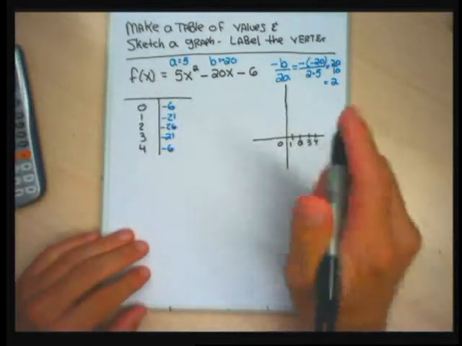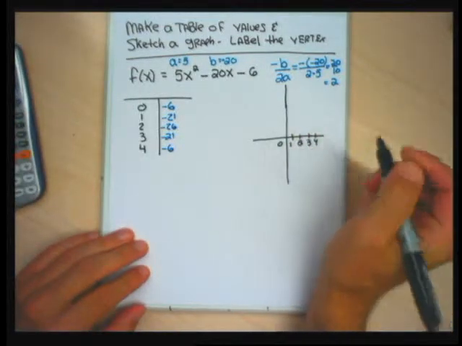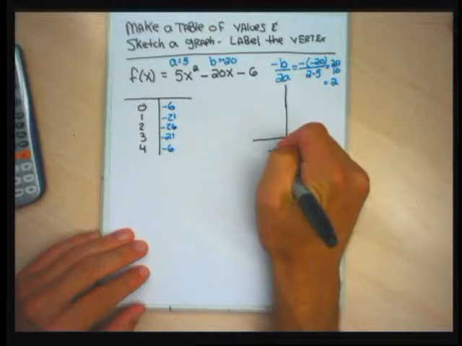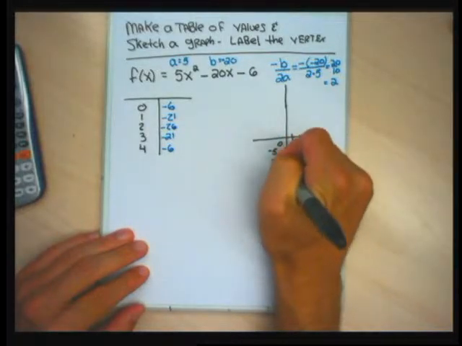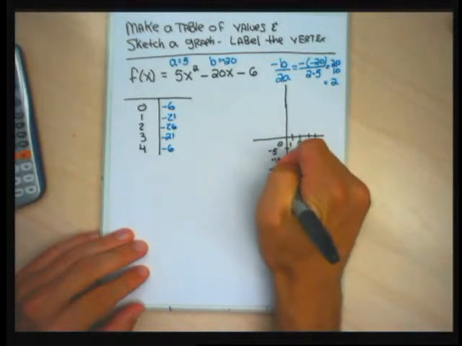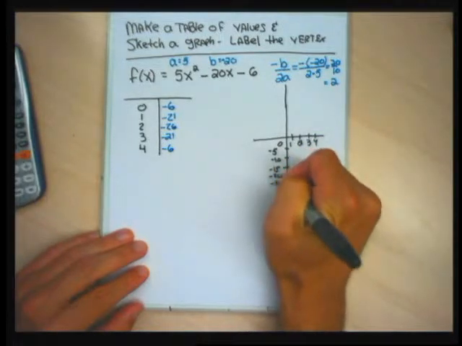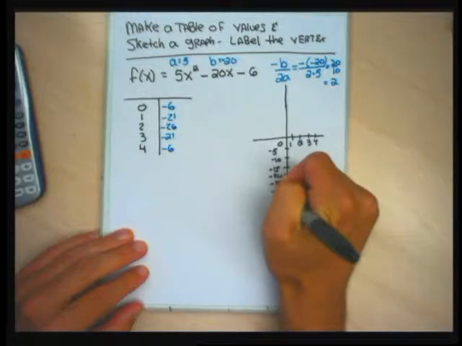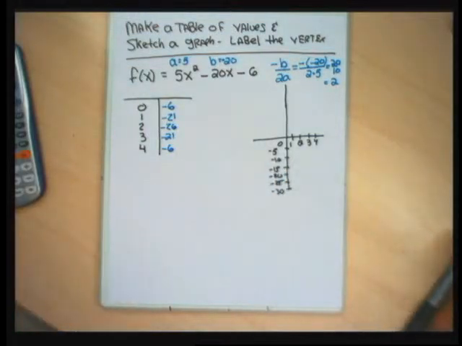And on my y-axis, I'm going to increment by 5s. So I'm going to go negative 5, negative 10, negative 15, negative 20, negative 25, and negative 30. And then the best I can, I'll plot these points.